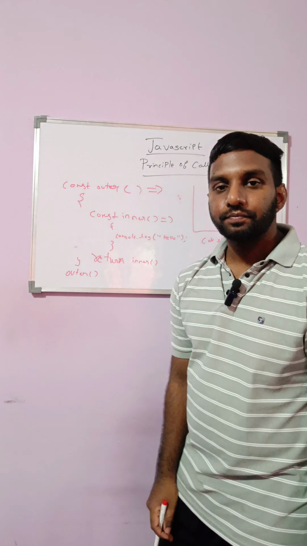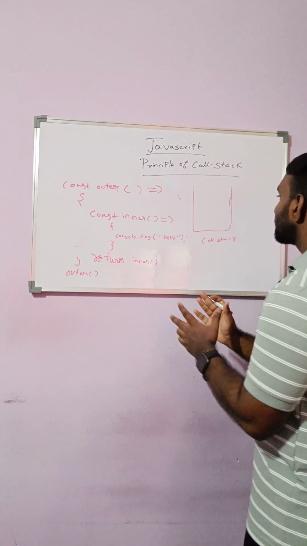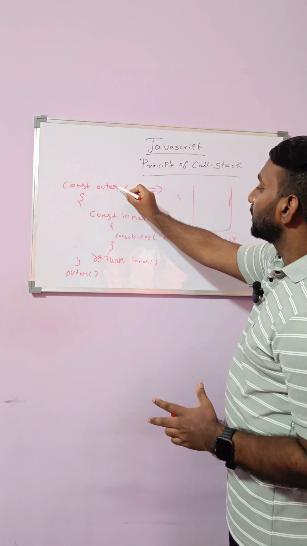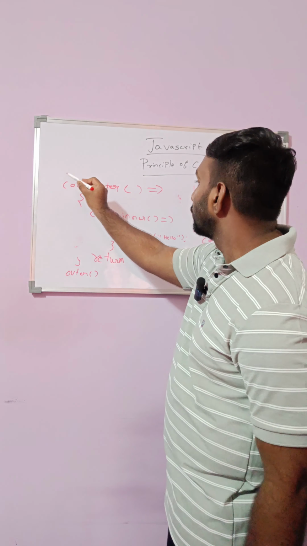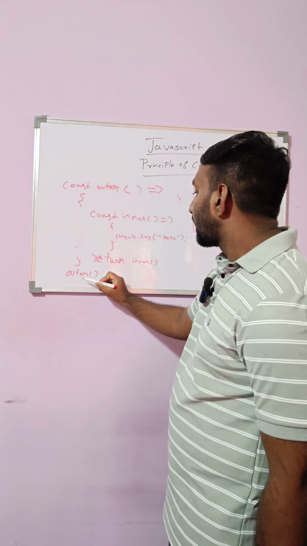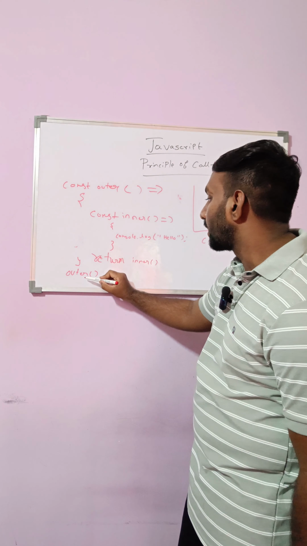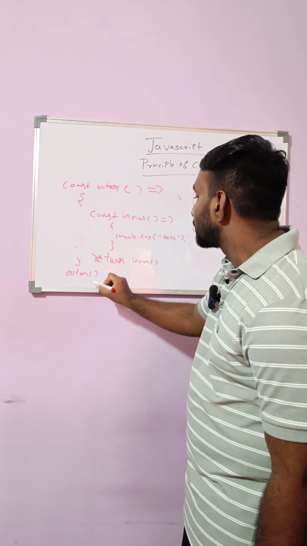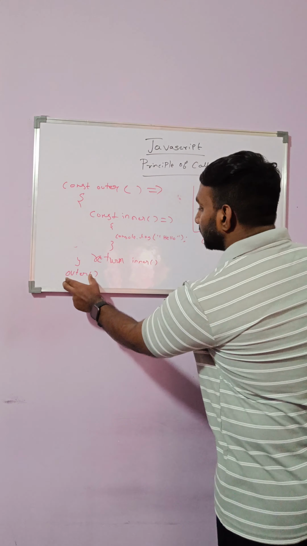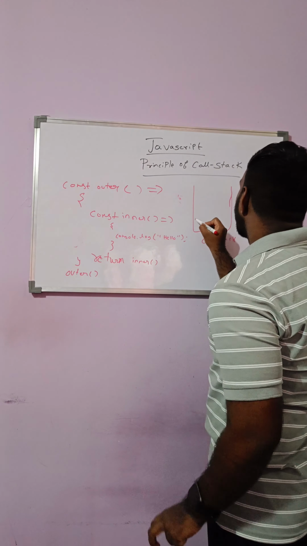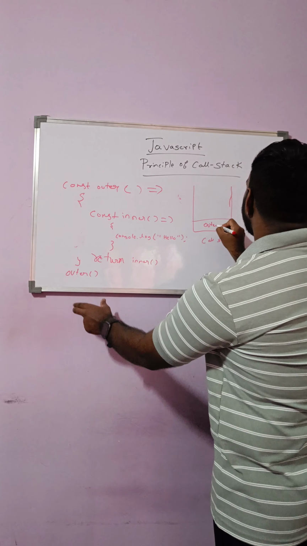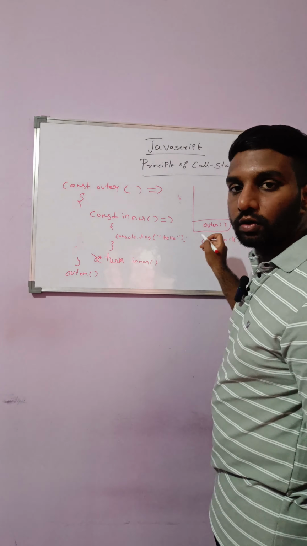First, you can see the outer function, and when it executes in the JavaScript V8 engine, the executable part starts from here. The outer function is called right here. When the outer function is called, the engine will push this statement to the call stack, and the outer function sits here in the call stack.